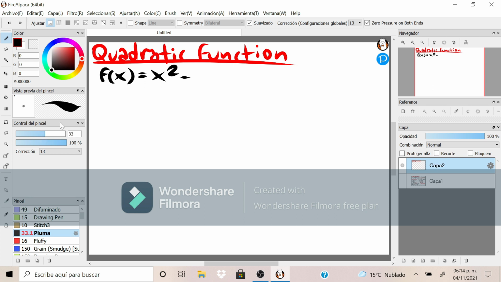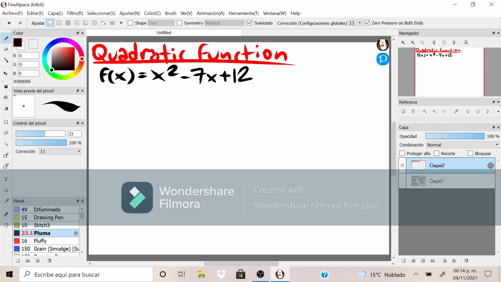Basically, you got a square, you got a number times x, plus a number that has neither an x nor a square.